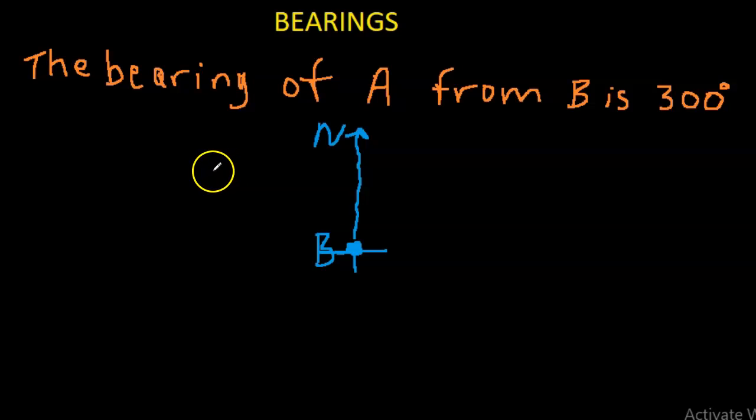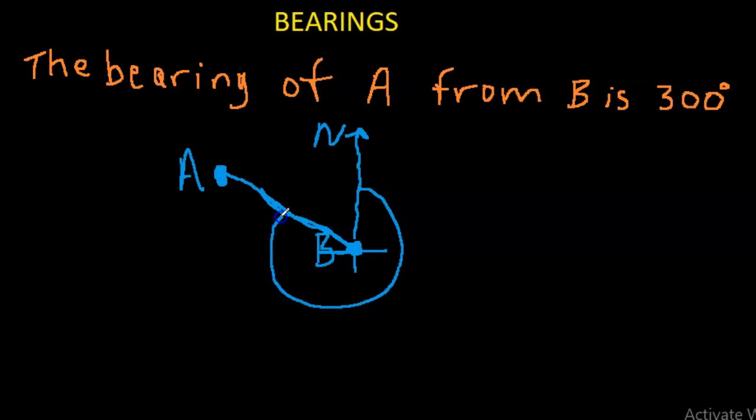So I guess it will be somewhere here. By the way, that's meant to be a straight line. So the bearing of A coming from B, and of course it's from the north, so you take the angle from the north of B. So this angle will be 300 degrees.